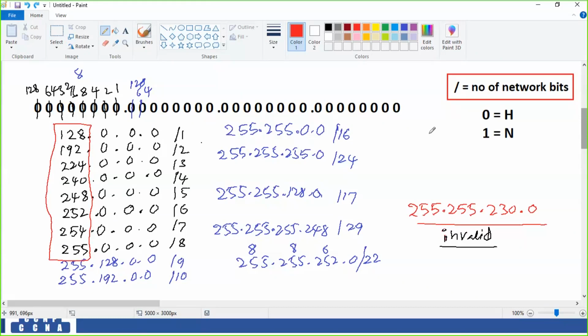Instead of wasting a large number of IP addresses, wastage can be minimized by using the subnetting process. Before starting the dynamic routing protocol, I wanted to explain the subnetting concept. Yesterday we did static routing, and tomorrow we'll continue with dynamic routing.